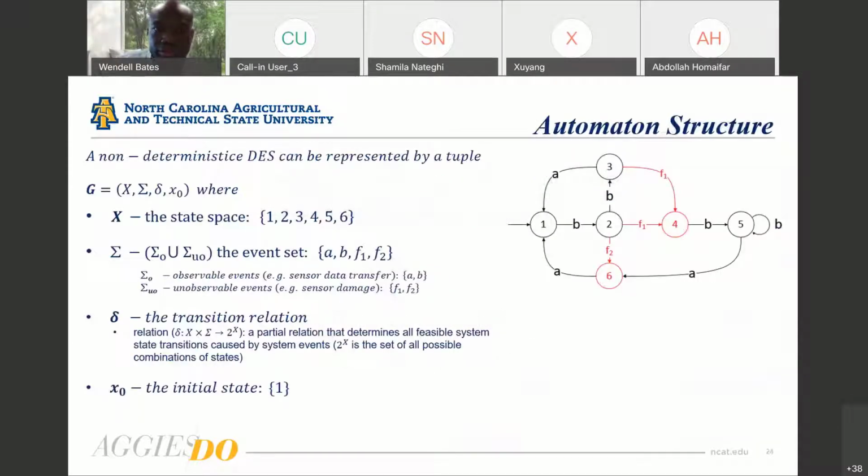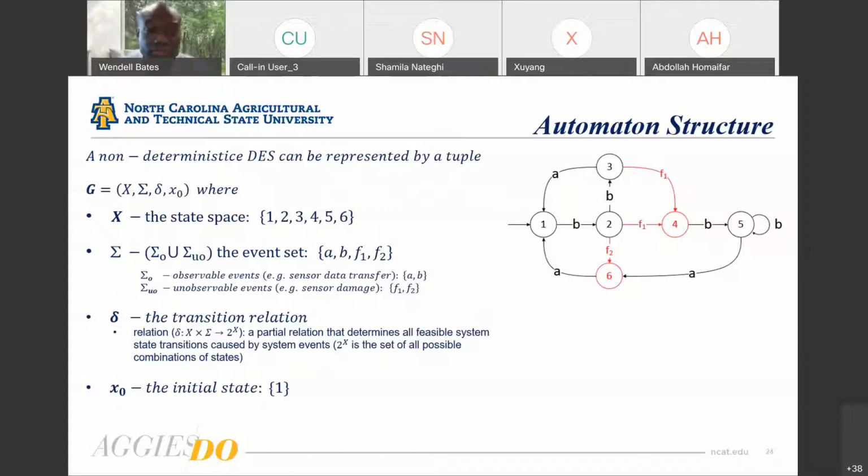The automaton structure is mathematically described as follows. It's based off a tuple where X is the state space, which is the circles with numbers inside of them. The event set sigma is composed of observable events like sensor data transfer, or unobservable events such as sensor damage.